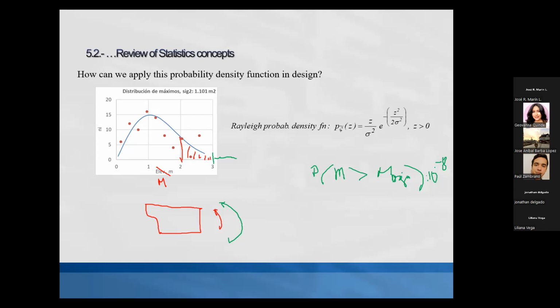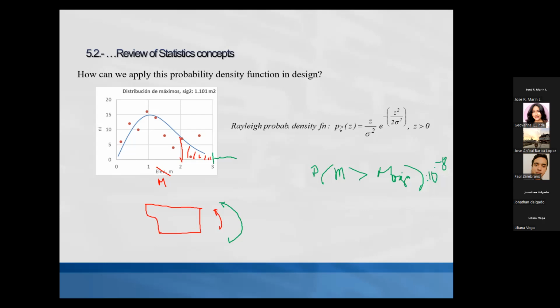Yes, it is correct, but it's not zero, because this is a random process. You can always expect to find a larger bending moment, but the probability of finding this larger moment is very small. As you can see, 10 to the minus 8 is really very small.